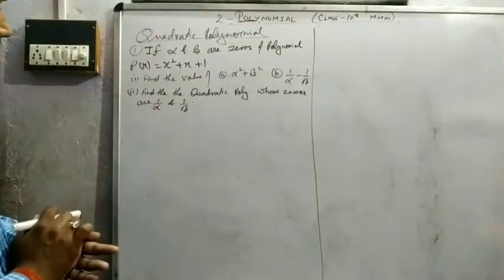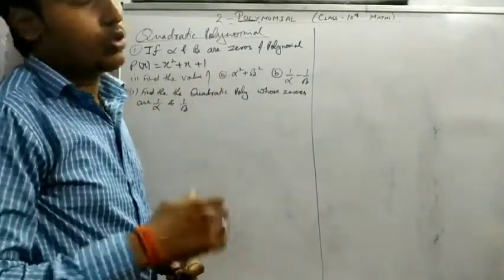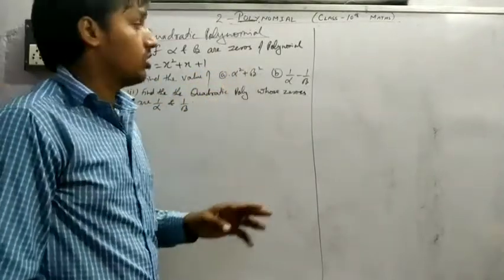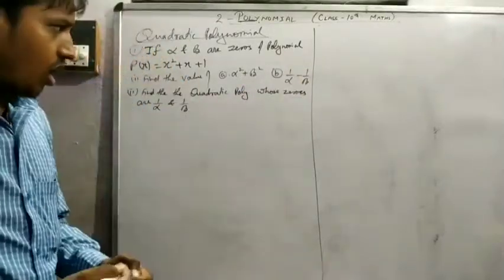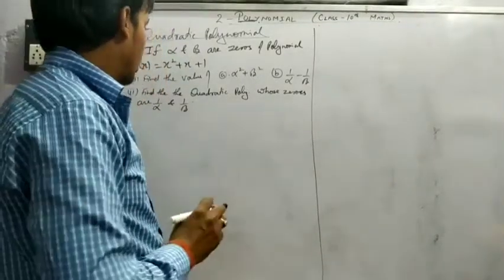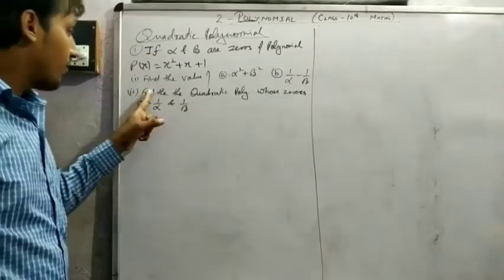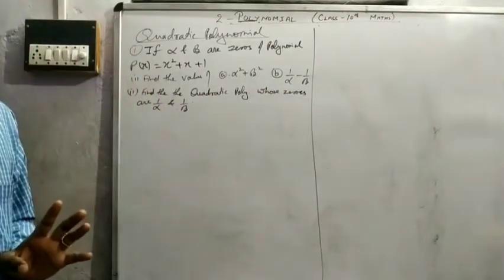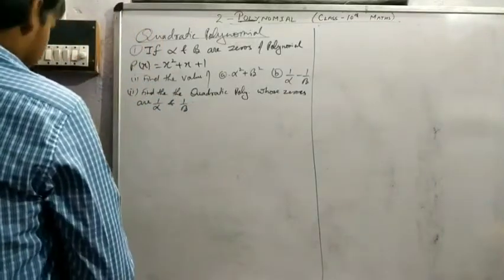But the question doesn't want the value of zeros. It says find the value of alpha square plus beta square. Second, 1 upon alpha minus 1 upon beta, or anything with alpha beta. And the second question in this same topic: find the quadratic polynomial whose zeros are 1 upon alpha and 1 upon beta. So two different questions we have to solve.